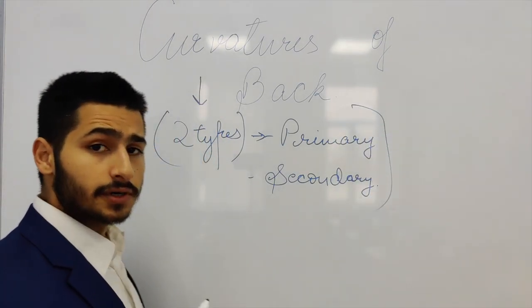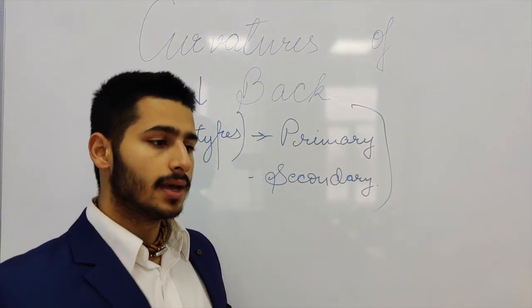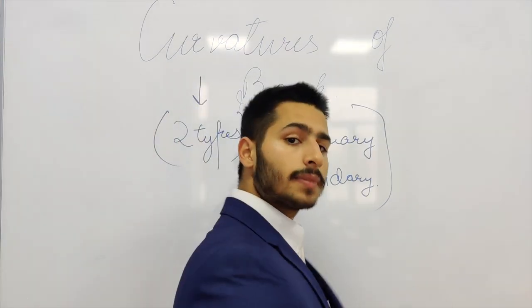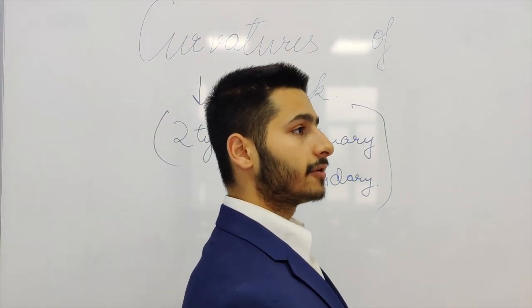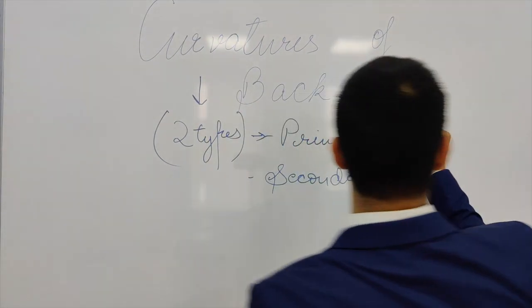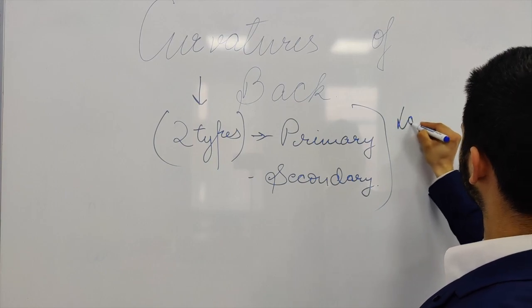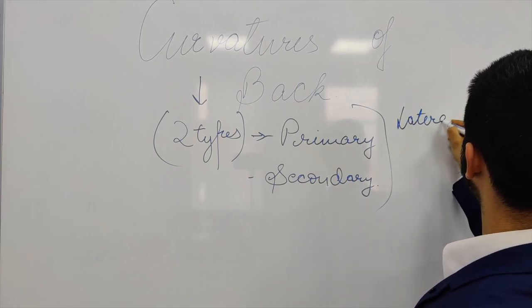We can observe these curvatures when we view the human body laterally. That is like this. Now you're viewing me from the lateral side of my body. This is the lateral view.